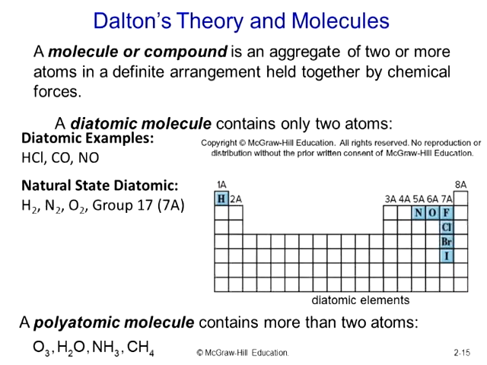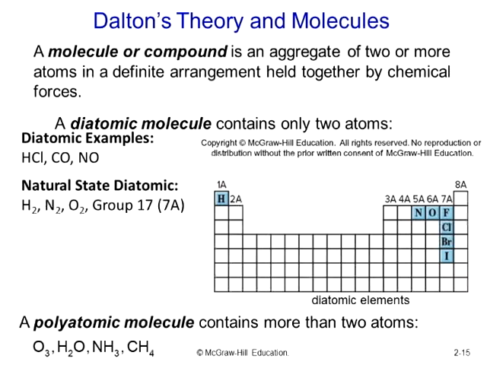But keep in mind, there are also natural states of diatomics, which are hydrogen gas, nitrogen gas, oxygen gas, and all of group 17. In chemistry, this can be confusing because more times than not, when professors talk about diatomics, they are talking about group 17. So you want to be aware of that. But as a formal definition, any combination of two atoms is a diatomic molecule. The naturally occurring diatomics are H, N, O and group 17.